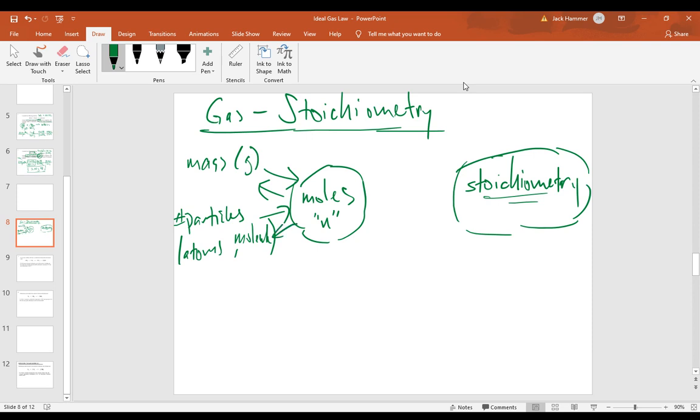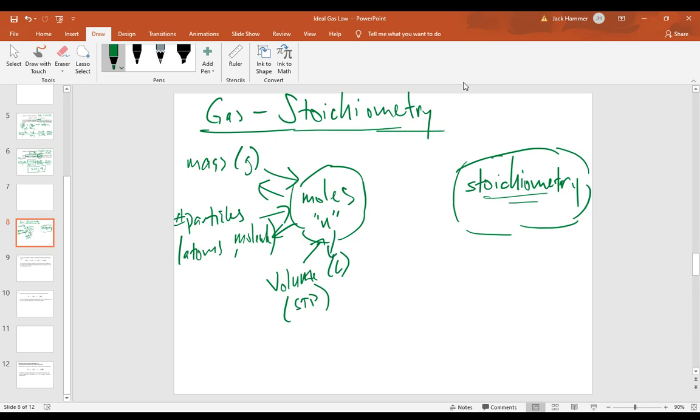If you have a gas volume, the volume of the gas in liters, and you're at STP conditions, then we know how to go back and forth there, right?